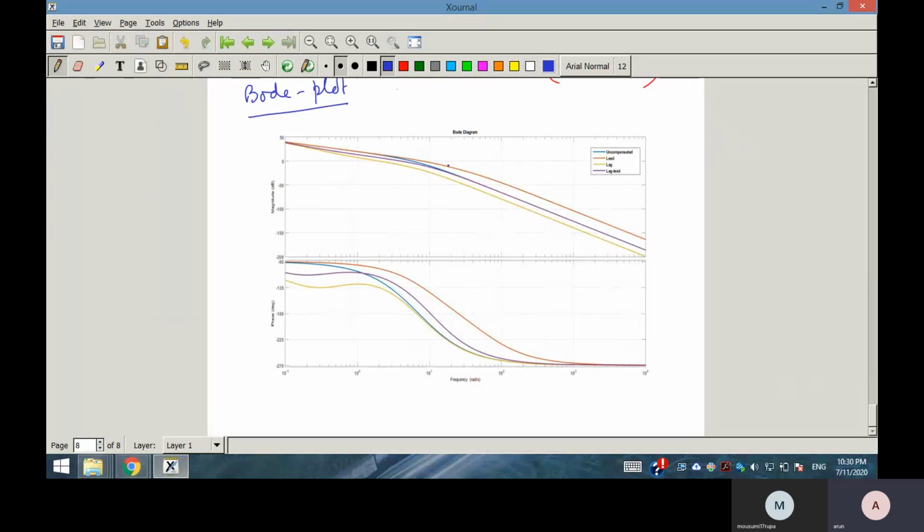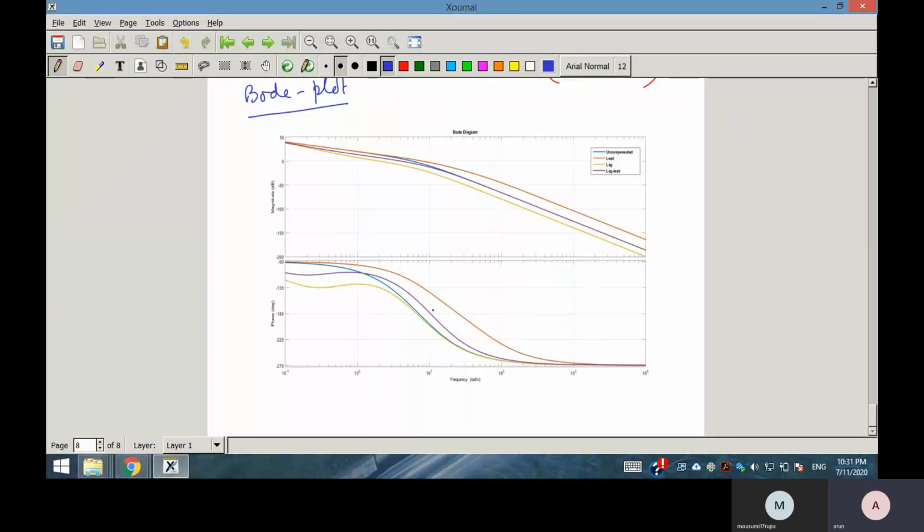In case of the lag controller, the gain crossover frequency is 2 radian per second, and in case of the lead controller, it is 8 radian per second, and the uncompensated system has gain crossover frequency approximately 6 radian per second.